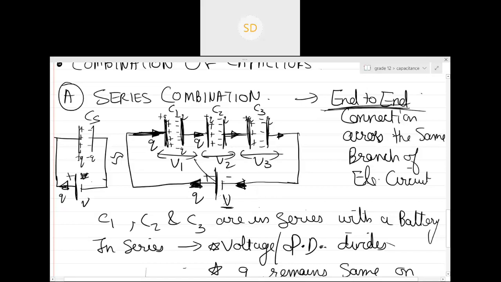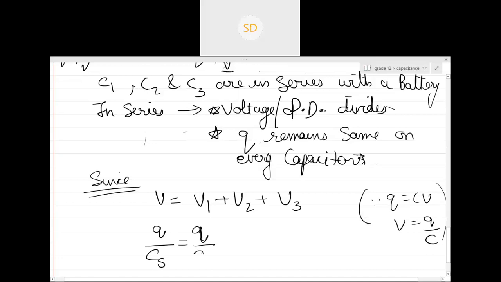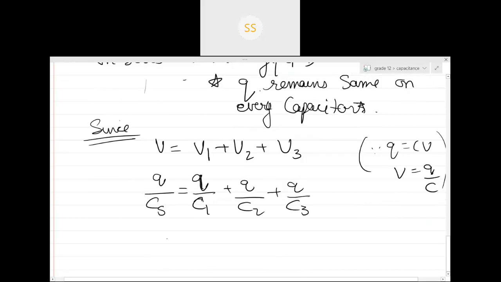Same battery, plus minus. So remember this, basically you group all these three into one particular capacitor and you write Q equals C into V. So this will be Q by CS is Q by V1 plus Q by V2, and from here, 1 by CS.